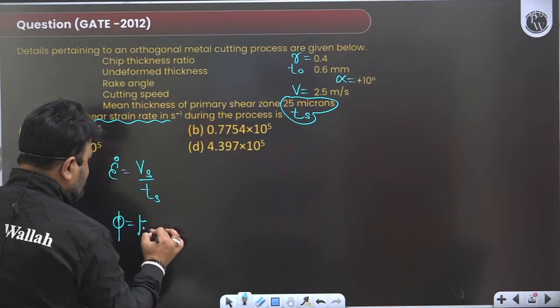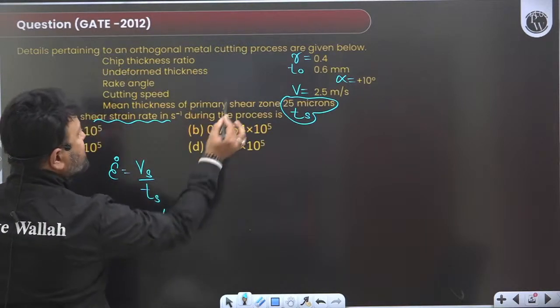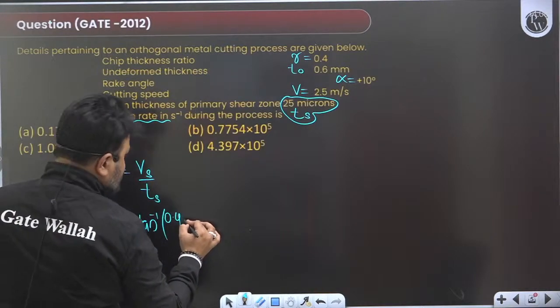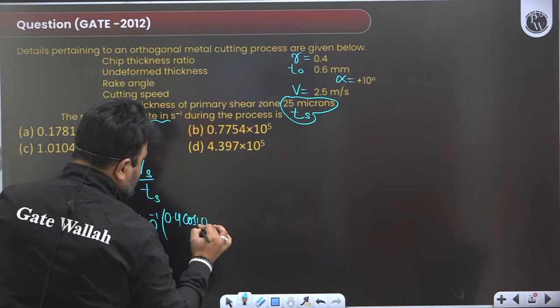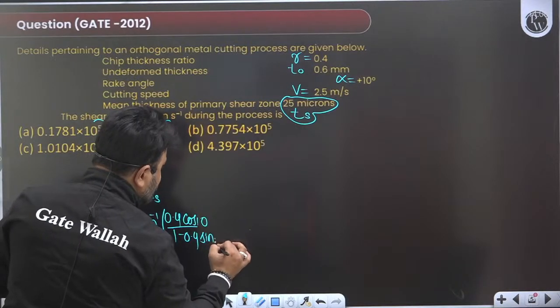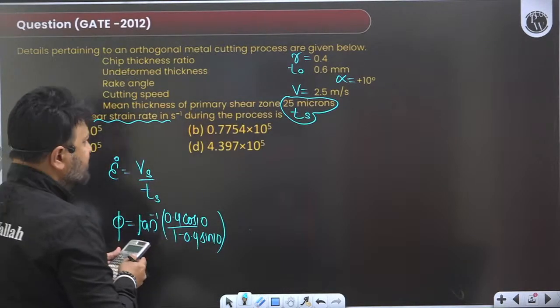So phi equals tan inverse of 0.4 cos alpha divided by 1 minus 0.4 sin alpha. Is it clear?